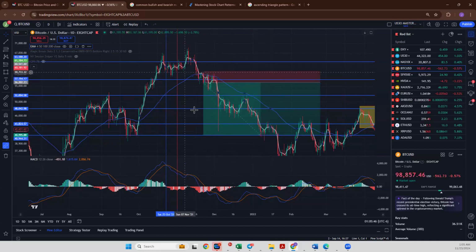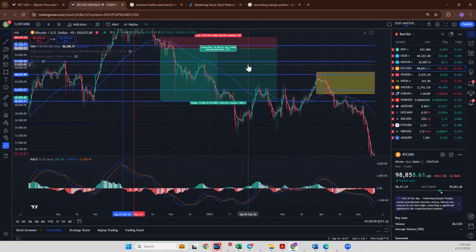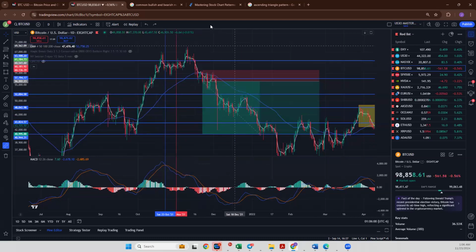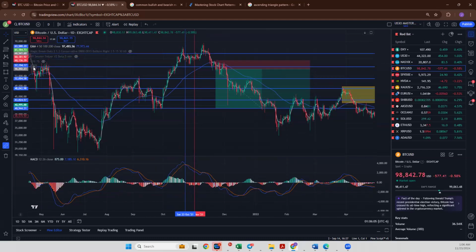But if I just use the 4 50 and the MACD, we get that perfect setup where we have the 4 50 crossover and the bearish MACD to confirm. That was just a beautiful signal. Beautiful trade signal there. Okay. So that's an example of a double top, and that's an example of how you would use that in addition to other tools to give you a good trade setup.